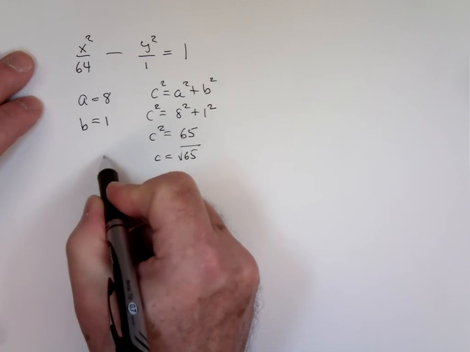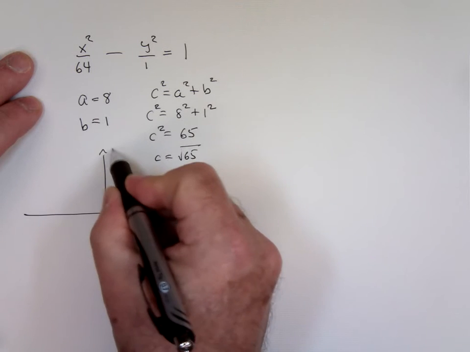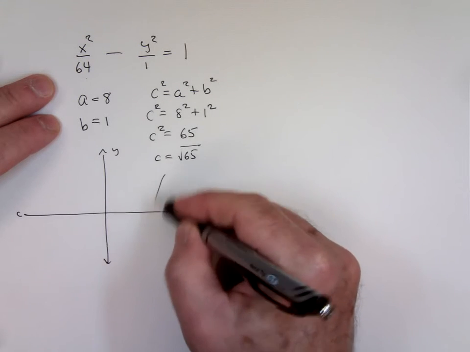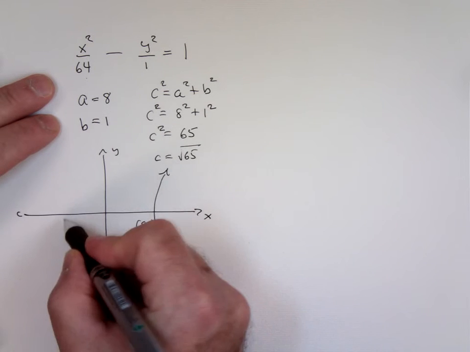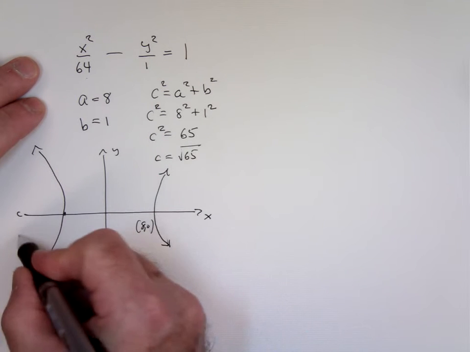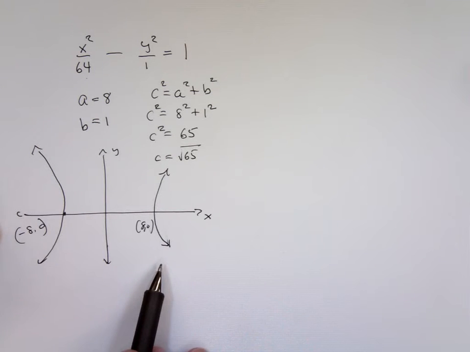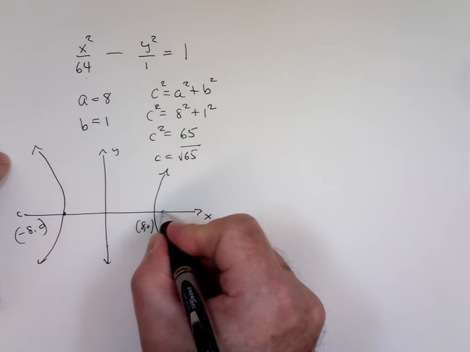What we have here is this situation. We've got intercepts of 8 and negative 8. Okay, that's a hyperbola. We've got a c of square root of 65. Oh, it's just a little bit past it.